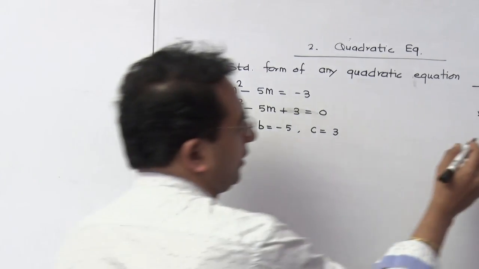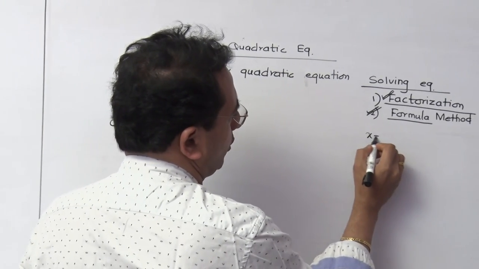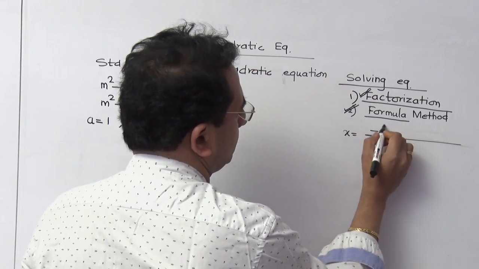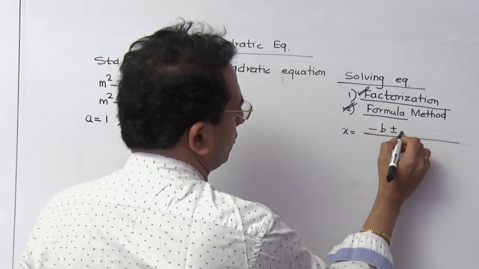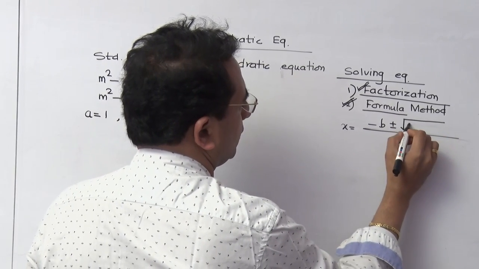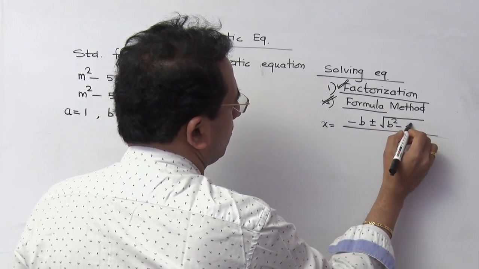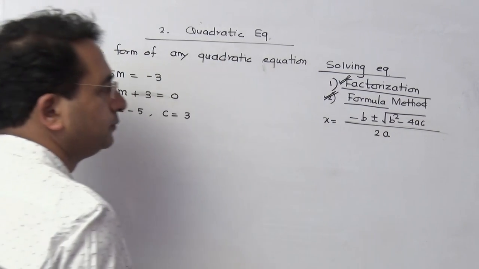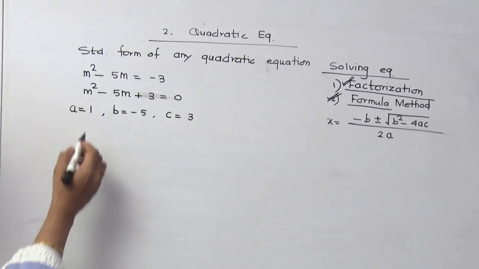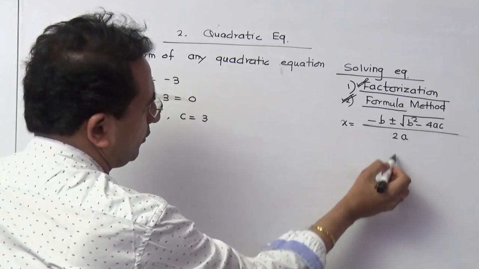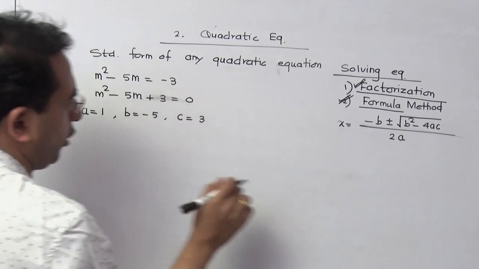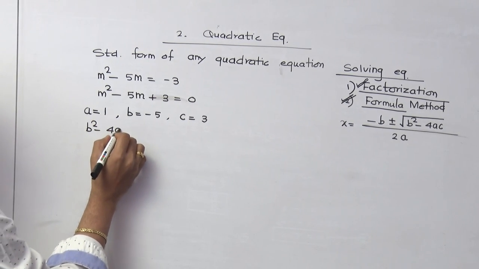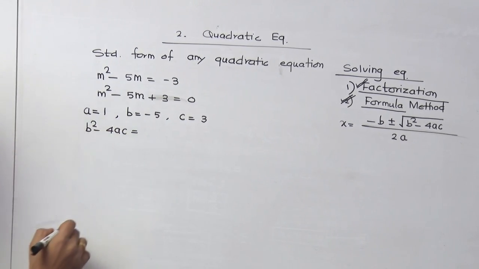Now the formula I am writing here: x is equal to minus b plus or minus square root of b square minus 4ac upon 2a. If you put the values in the formula, you will get the answer, but just to avoid confusion, we will do a separate calculation for b square minus 4ac.